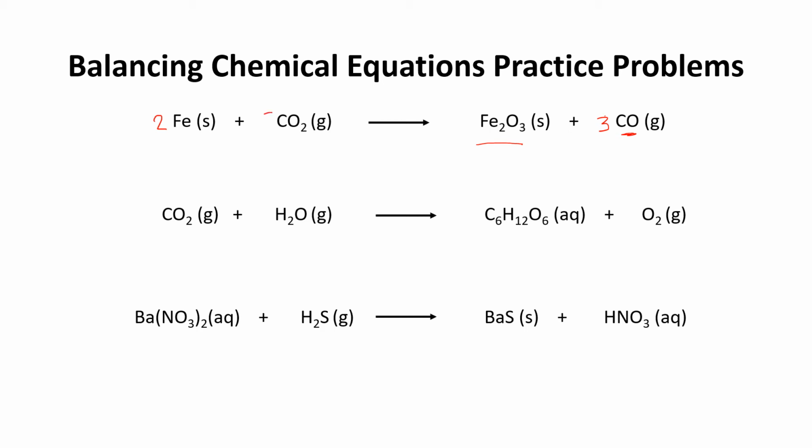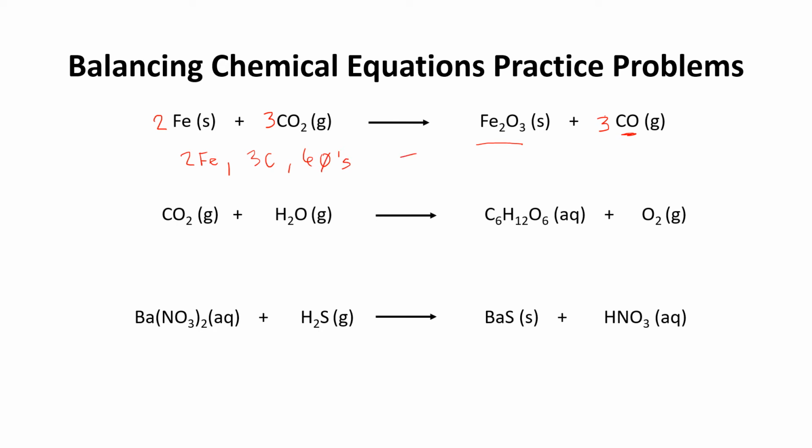So if I put a 3 right here, then that will give me 3 carbons on this side and 6 oxygens on this side. So let's do an atom count here. We have 2 irons, we have 3 carbons, and we have 6 oxygens here.